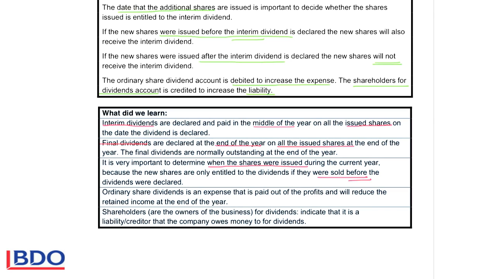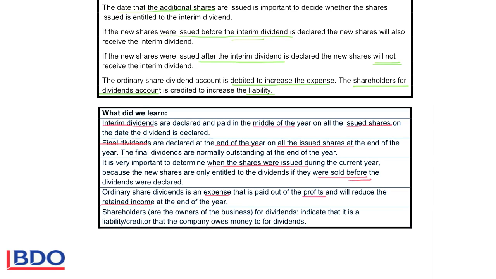Ordinary share dividends is the expense that is paid out of the profits, and it will reduce the retained income or accumulated profit at the end of the year. In a company, they don't have to pay out all the profits. The company can decide to keep some of the profits in the business to expand the business in the future, or to provide for expenses that can occur in the future if the economy is not very good.